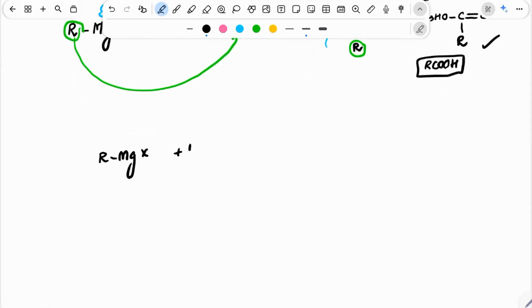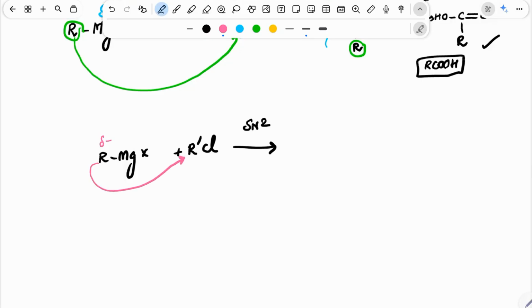Other than this, we can also prepare some other products. Interestingly, I am taking Grignard reagent and I am going to react it with the haloalkane. The entire Grignard reagent reaction should happen in dry ether medium only because it's stable only under this condition. We should not use any other solvent, right? Okay, this R-Cl I am taking.